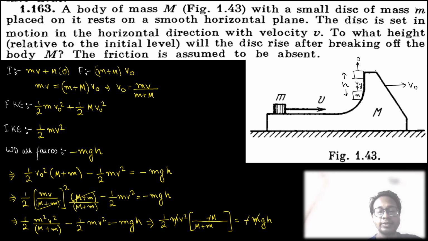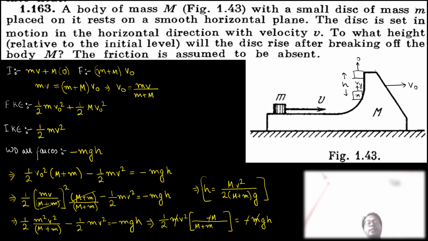So out here I need to find out the value of h. h is equals to capital M v square divided by 2 into (m plus M) into g. This is the maximum height the block has reached.